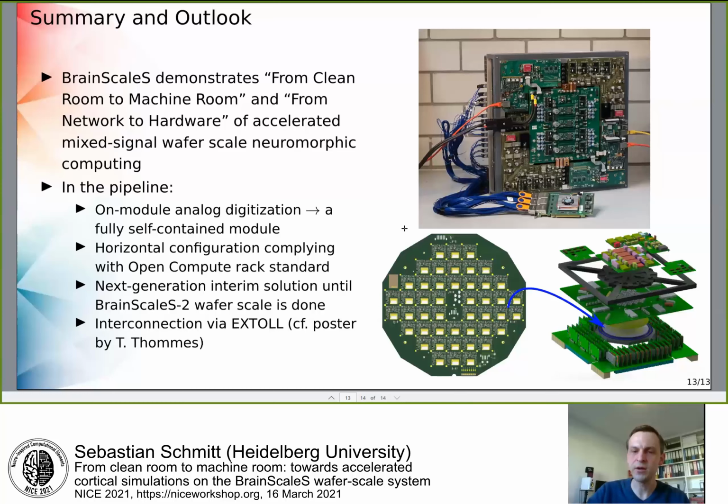But we can reuse all the infrastructure that we've developed with a module, the FPGA, the monitoring, and so on. Also, we're working on interconnection via EXTOLL, which is a network technology, and there's a poster by Tobias that you can have a look at. Thank you.